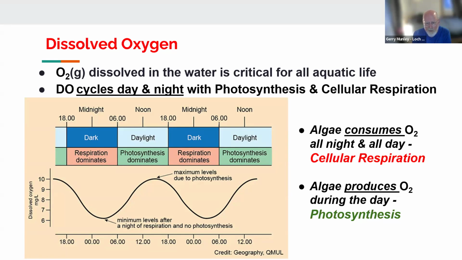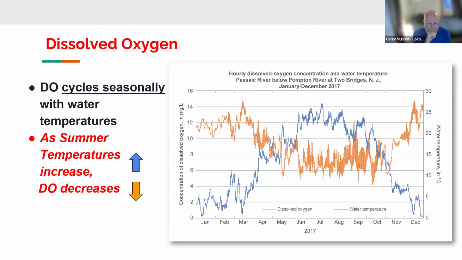During the daytime, the algae is producing oxygen during photosynthesis. So you're getting these changes in dissolved oxygen: low at night or early morning, and they reach a peak sometime between 11 a.m. and 2 p.m. Next, please.